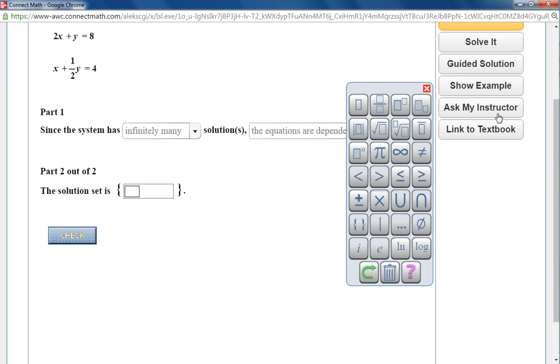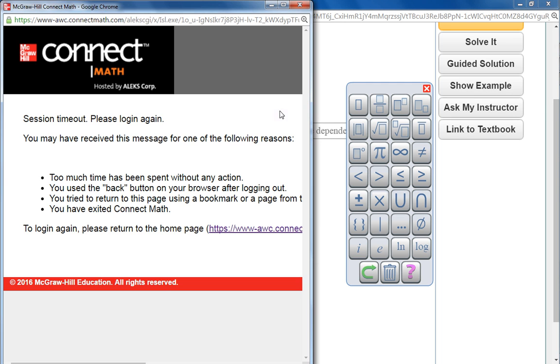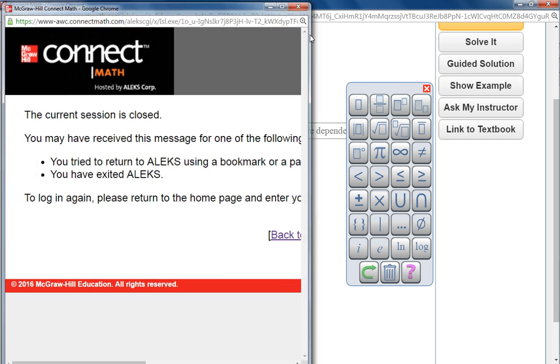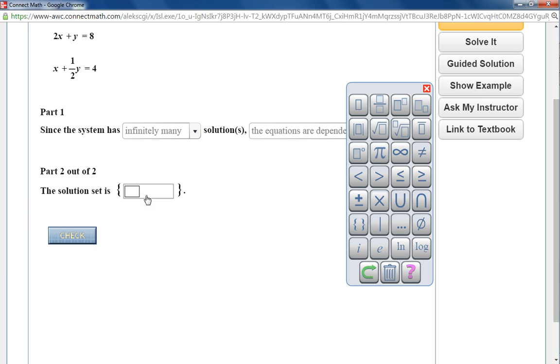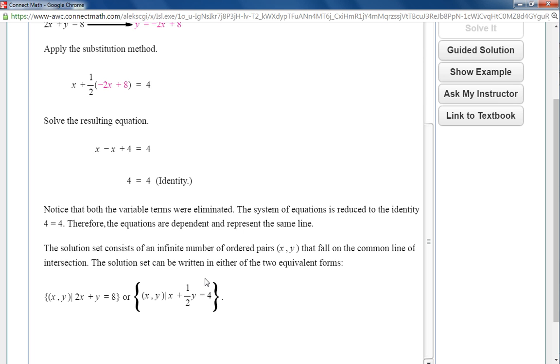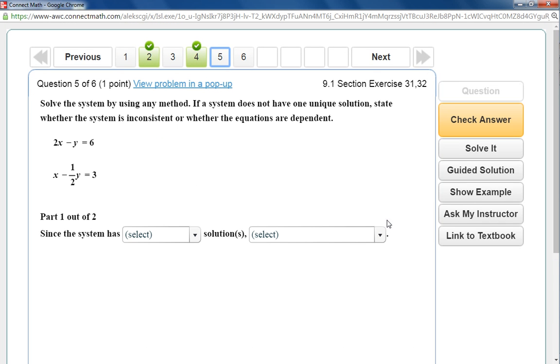Yes. Alright. How about we cheat? I can't cheat. What? Oh, no. Oh, they want it, okay, I got it. Okay, they want it in set builder notation. Now I need to try a new one.